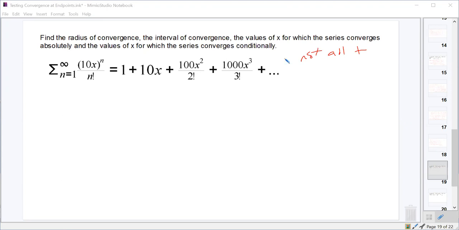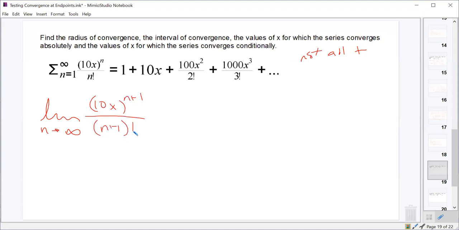All right. So we're going to take the absolute value. We're going to do the limit as n approaches infinity of the n plus first term over the nth term. So limit as n approaches infinity, the n plus first term is going to be 10x to the n plus 1 over n plus 1 factorial. We'll multiply by the reciprocal, n factorial over 10x to the n. Throw it all inside absolute value and simplify.